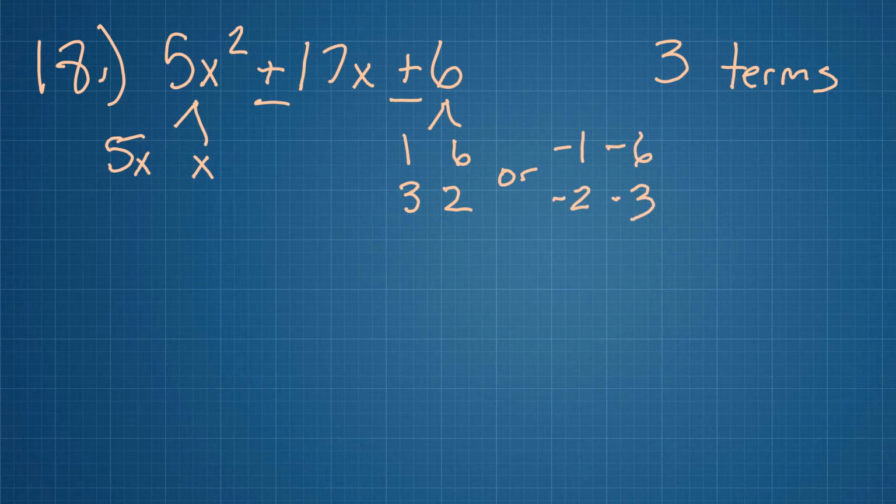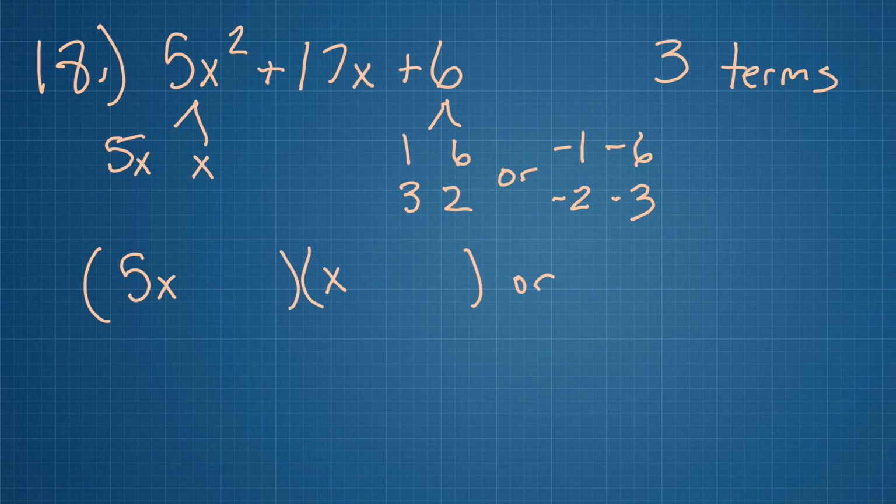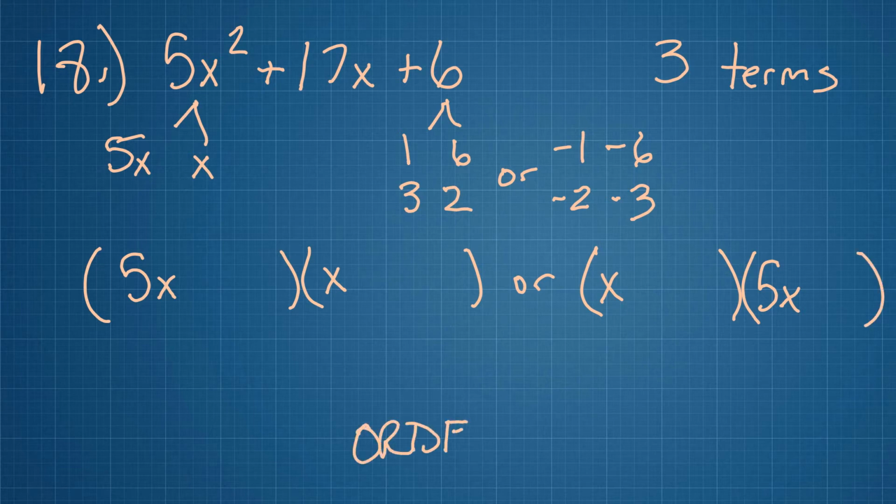All right. So now I just write out my options. I could have 5x and x, or maybe x is first, because once I have something other than 1 out front, once I have something other than 1x, the order matters. So order matters.